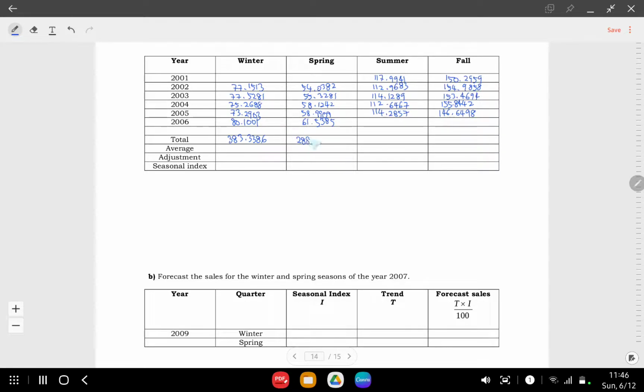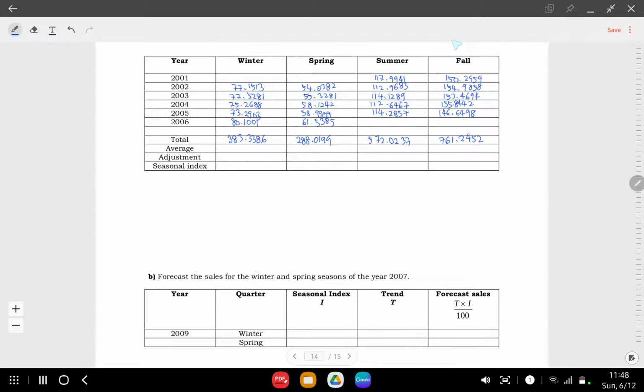88.0199. Okay, so we want to calculate the average. The average for winter is 383.3386 divided by 1 2 3 4 5, divided by 5.